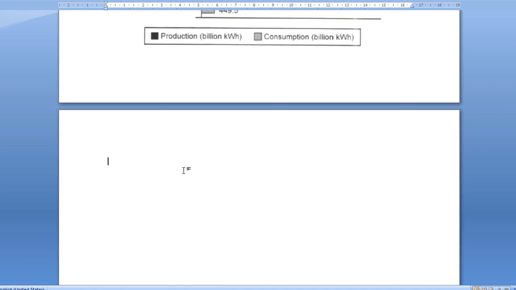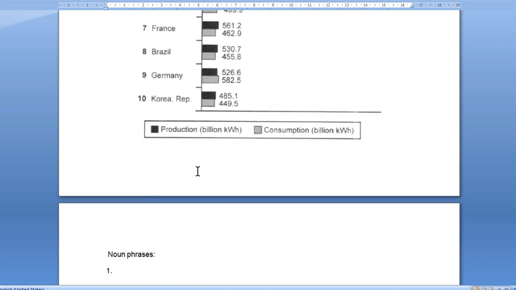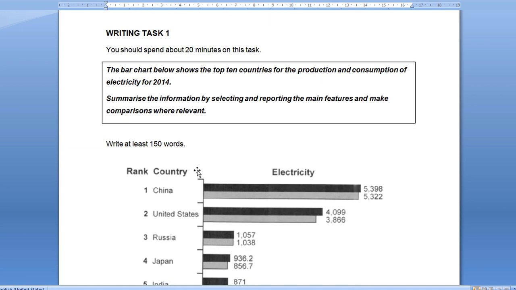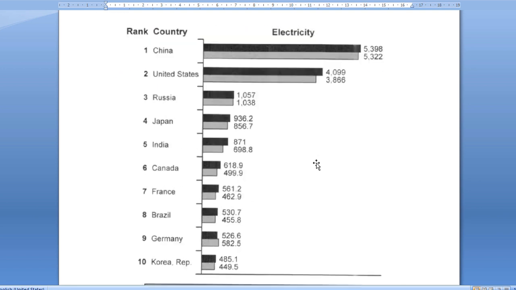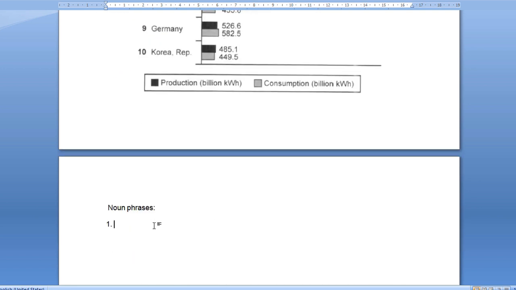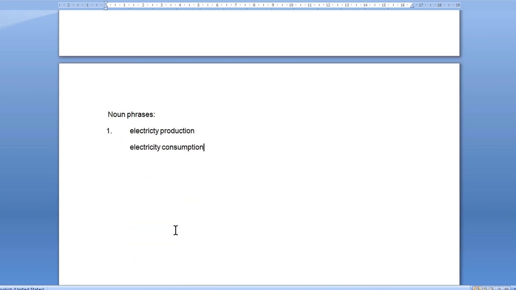Right, so let's quickly just do our noun phrases. Noun phrase 2 is in the question. Can you see it? Production of electricity and consumption of electricity. Synonyms for that, can you think of any?